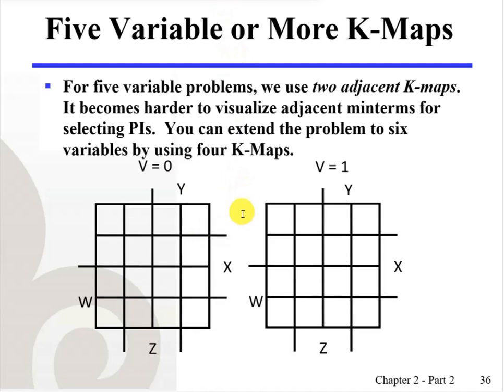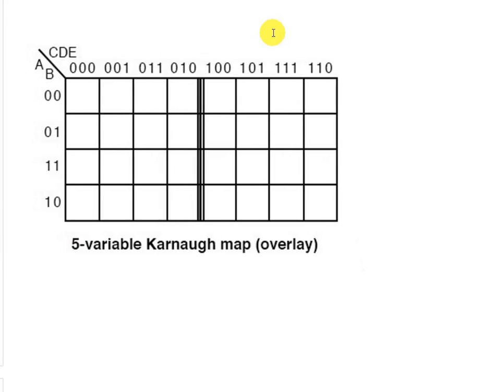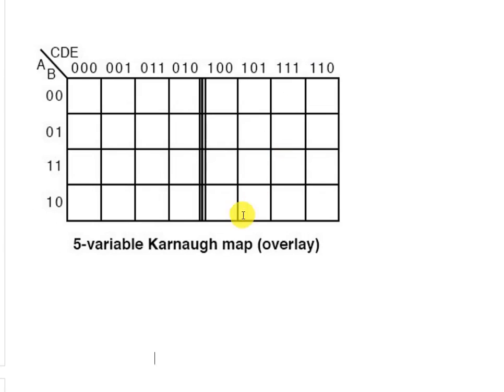For instance, let me show the following example. This is the example of a 5 variable K-map or overlay. Look, A, B, C, D, E. A, B remains 0 0, 0 1, 1 1, 1 0. Only here C changes, so 0, 0, 0, 0.